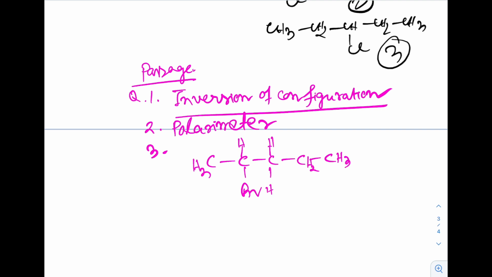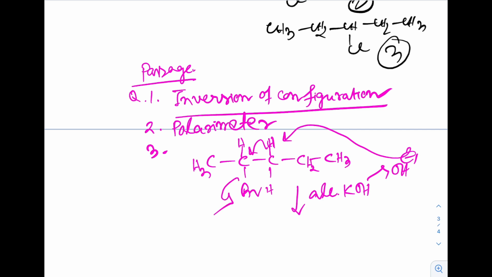2-bromopentane, when it reacts with alcoholic KOH, undergoes an elimination reaction and follows Saytzeff's rule to give the alkene which has more hyperconjugative hydrogen atoms. So CH3, CH, double bond CH, CH2, CH3.